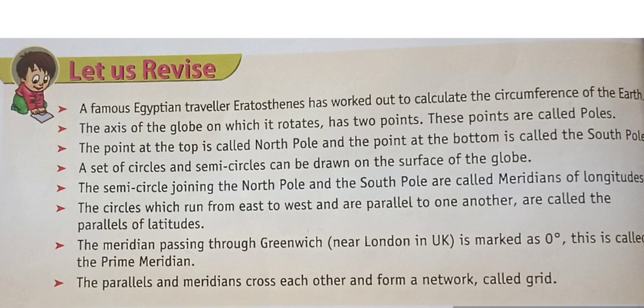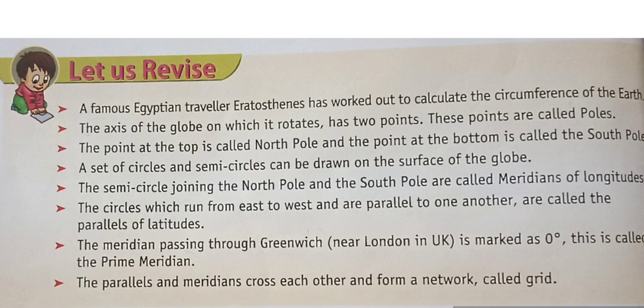The axis of the globe on which it rotates has 2 points. These points are called poles. The point at the top is called North Pole, and the point at the bottom is called the South Pole.